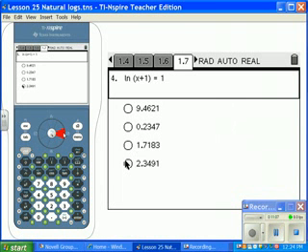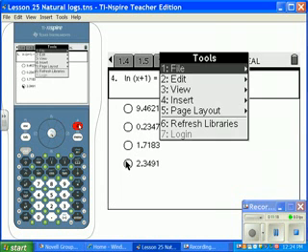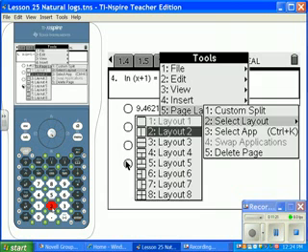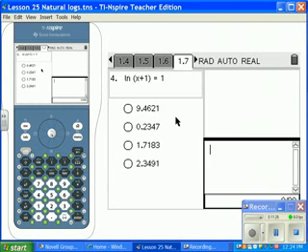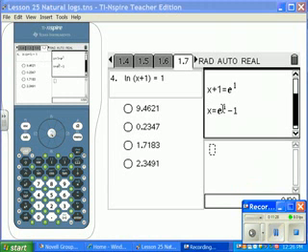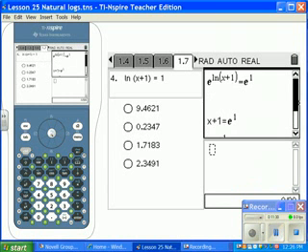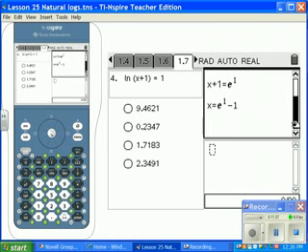Let's go to the next page, please. All right, so I want you to go ahead and give this one a shot, okay? We have a natural log, so what are we going to use? E. So go ahead and try this one, please. Split your screen, do all that stuff. So we should have gotten here, right? You should have gotten x plus 1 equals e to the first power, right?